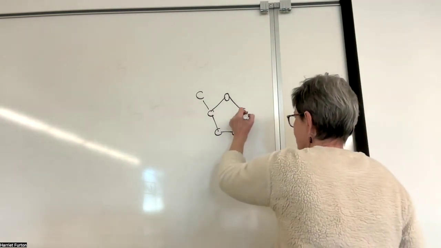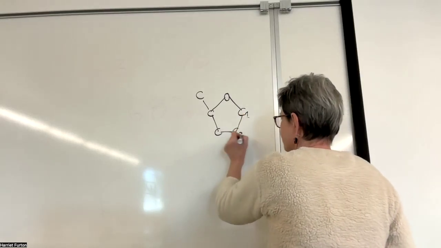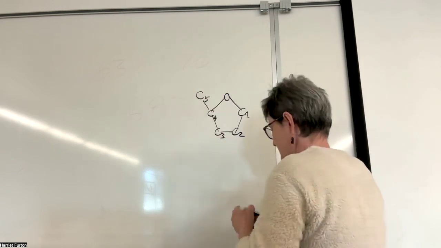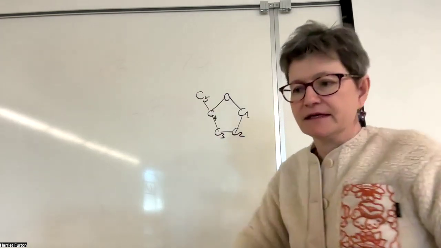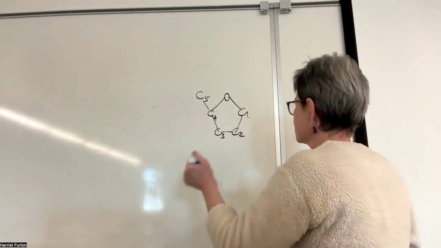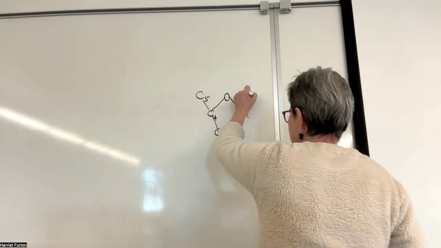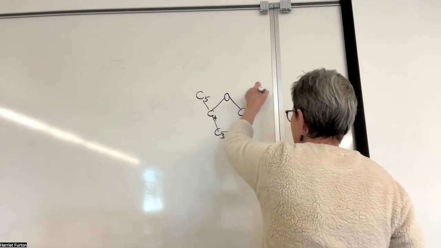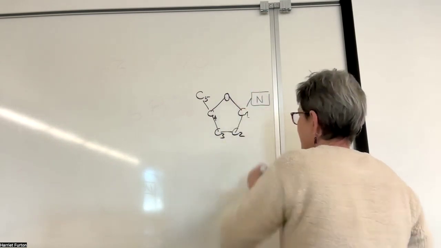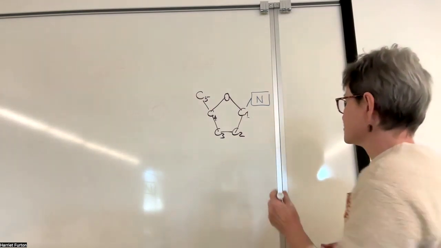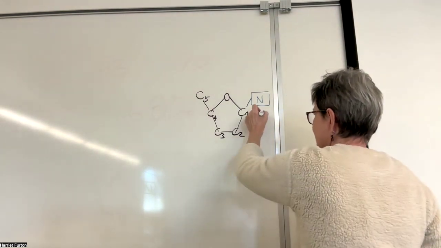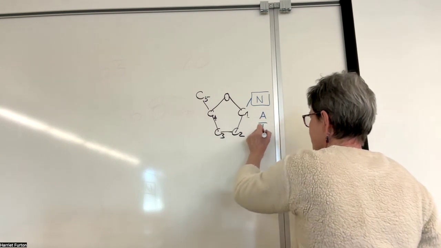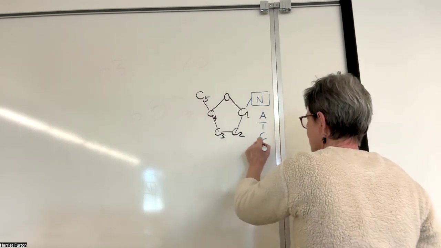This will be carbon 1, carbon 2, 3, 4, and 5. And each sugar molecule contains, on carbon 1, the nitrogenous base. I put an N in here because they contain nitrogen. In the DNA, this nitrogenous base can be adenine, thymine, cytosine, or guanine.